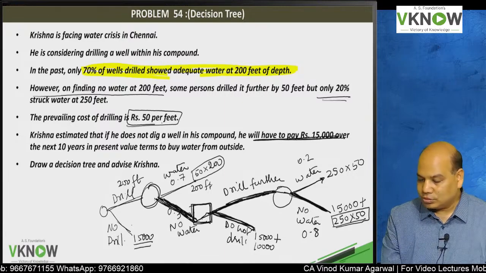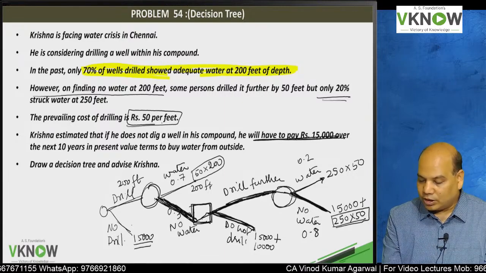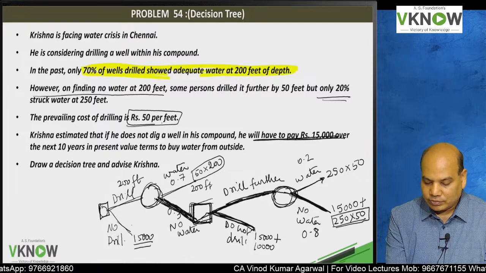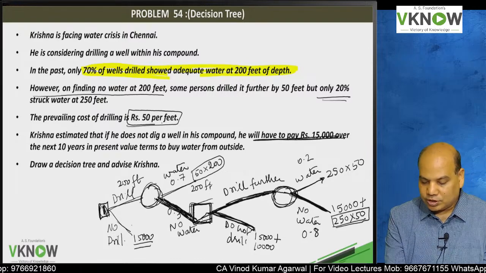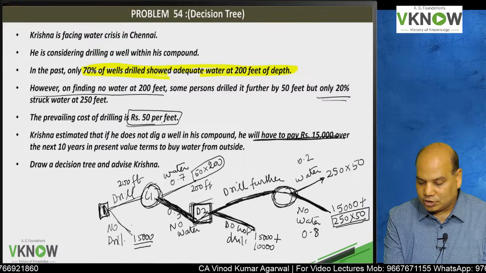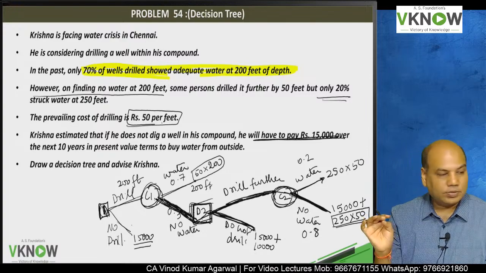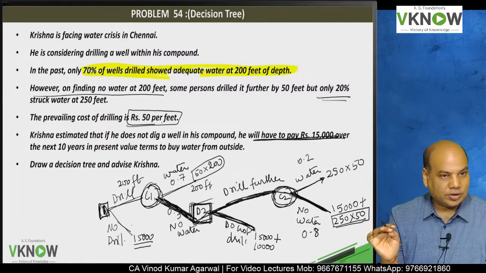So what do I do? I will have to evaluate this from right to left and reach the decision. So this is suppose D1, this is C1, this is D2, this is C2. So evaluation will be done from right to left. This time the objective is cost minimization.